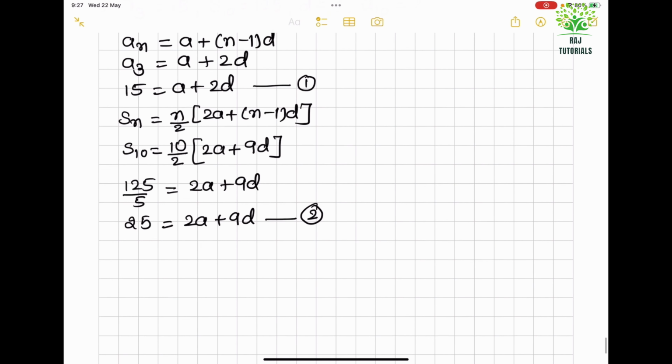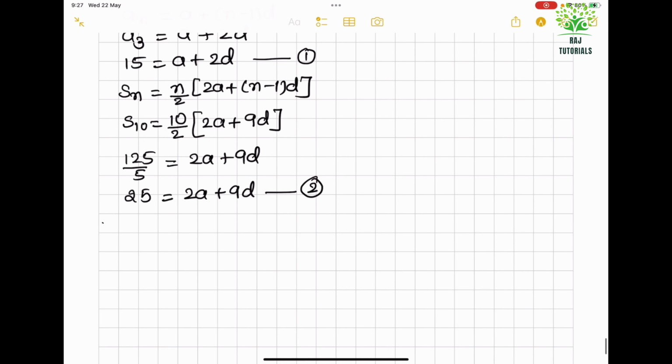If I multiply equation 1 by 2, so 2 multiplied by 1 implies 30 equal to 2a plus 4d, and second one multiplied by 1 implies 25 equal to 2a plus 9d.